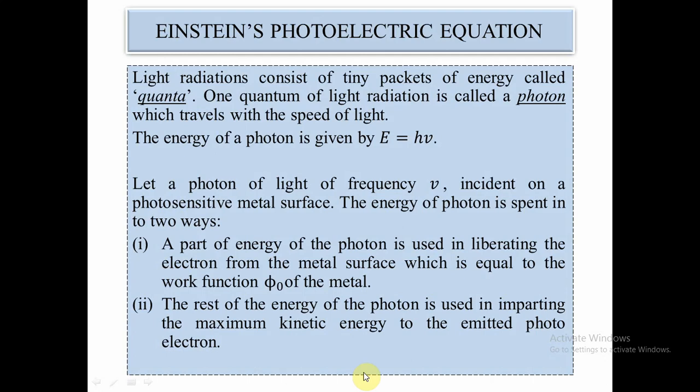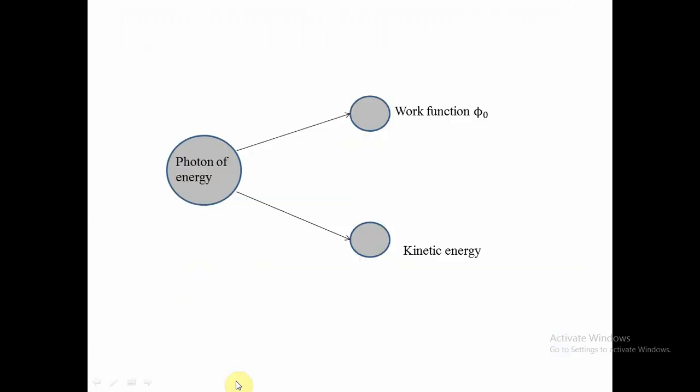emitted photoelectrons. This means if we consider this is the 100% energy of the photon, which is used in two ways. A part of the energy is used as the work function, which means that energy is spent to liberate the electron from the metal surface. To overcome the metal surface, the energy is spent.